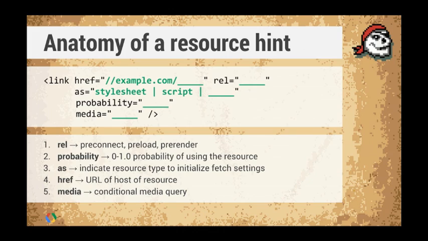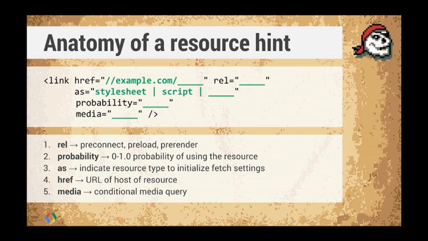So the quick anatomy of this thing is basically this is a hint. It's a link element where you put a resource name. We'll talk about the rel, which is the pre-connect, preload, or pre-render. That's the type of a hint. There is the as, which describes the type of the asset that we're talking about. So this is basically like, I want you to fetch this as if it was a style sheet, or if it's an image or something else.